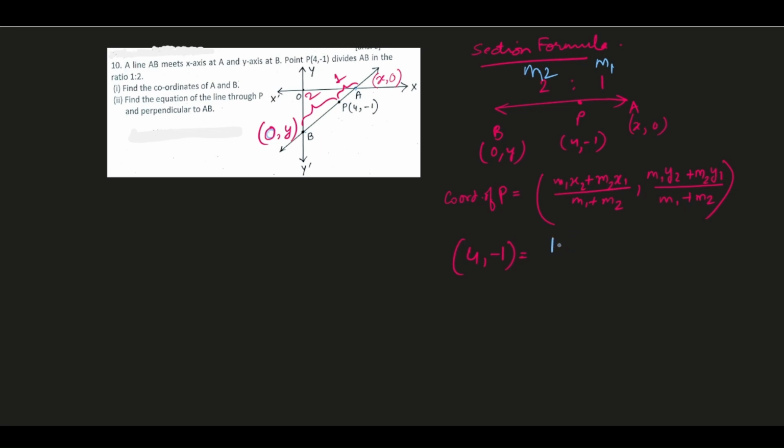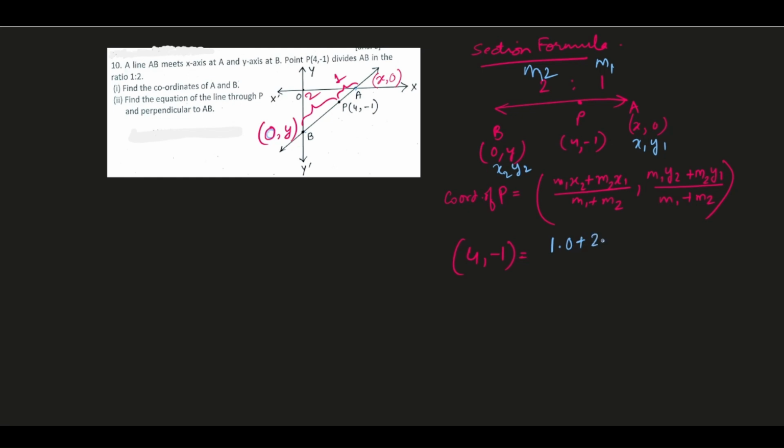m1 is 1 into x2. So this is x1. See, this is (x1, y1), this is (x2, y2). So what is x2 here? x2 is 0, plus what is m2?